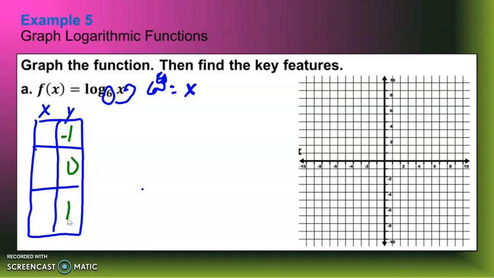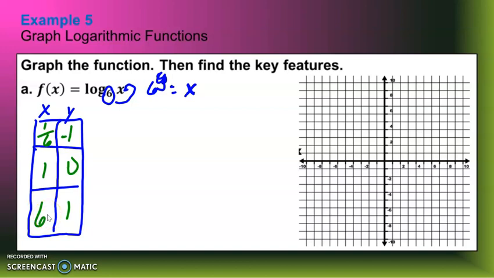So 6 to the negative first power, negative exponent means I flip the base, so that would be 1/6. Anything to the 0 power is 1. So 6 to the 0 power is 1. And then I have 6 to the first power. Anything to the first power is itself. So this will give us 6.